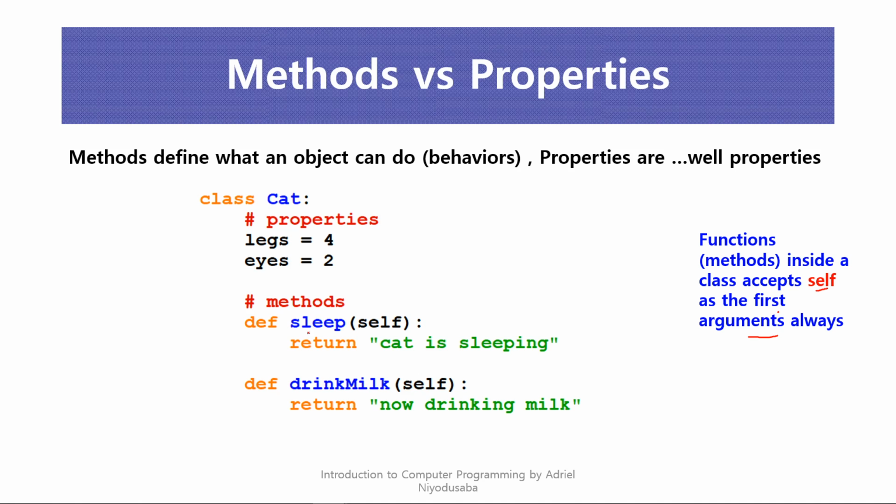But with a class, if we have our variables, our properties here, inside all the methods we could access them by saying self.legs, which gives us this variable, or self.eyes, which gives us this variable. The reason why you can do that is because inside this function we are passing in self, which is pointing to the first memory address of this object inside memory.